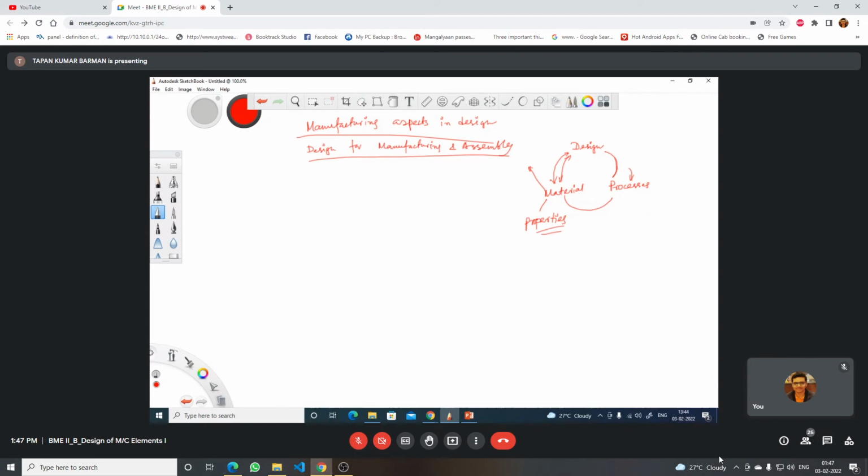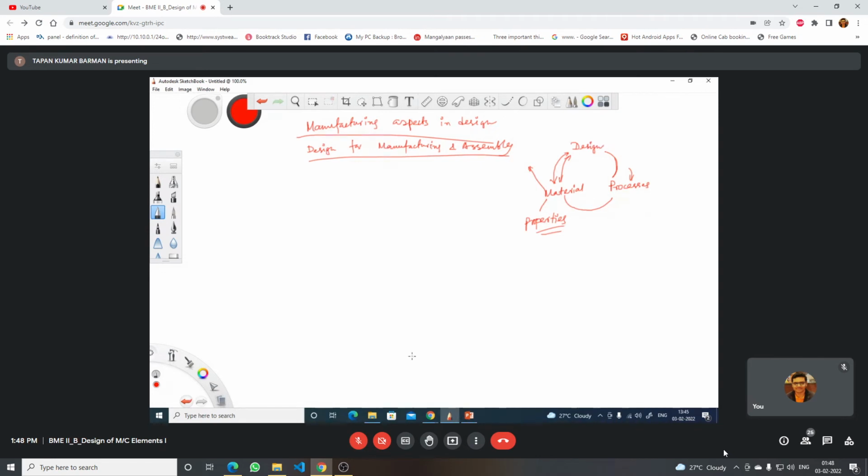Now, what are the manufacturing aspects we should consider at the design stage? At the design stage, we have to select the process. The first process, say, casting operation of the material. Now, when you try to make the casting operation of the material, what are the parameters you should consider?